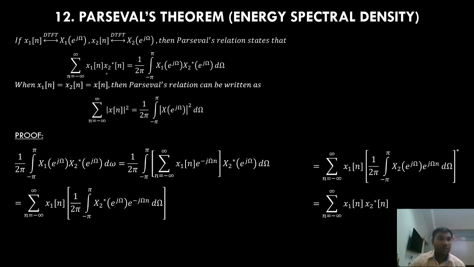You can try and prove it. The same procedure, just the change in formula here, right? There it was minus infinite to infinite. Here it is minus pi to pi. This is because our DTFT is periodic in nature with period 2 pi. That is the difference between CTFT and DTFT.